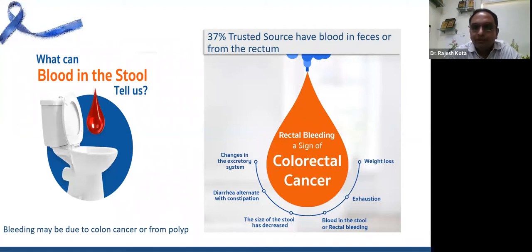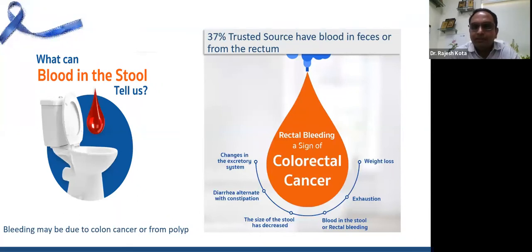So if we take the history or the symptoms from a patient, the most common symptom we get is bleeding from the rectum. And diarrhea alternating with constipation is one more common thing. And the stool size, some patients will have strictures.